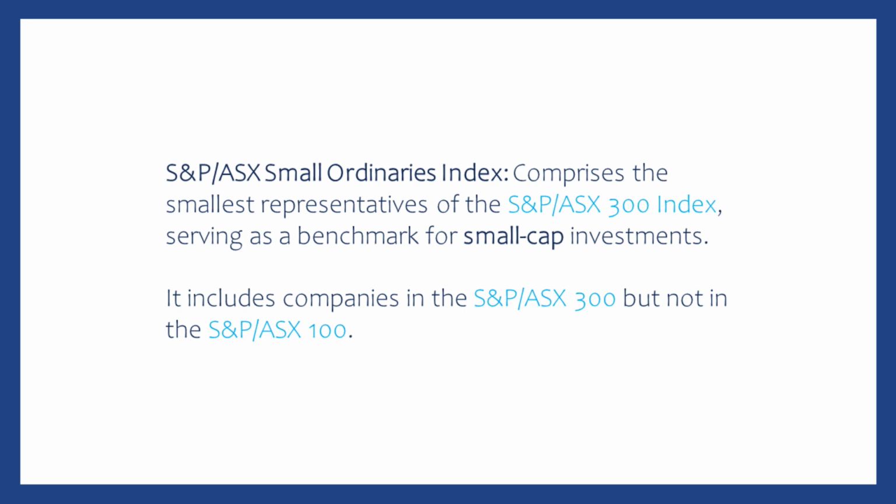S&P ASX Small Ordinaries Index comprises the smallest representatives of the S&P ASX 300 index, serving as a benchmark for small-cap investments. It includes companies in the S&P ASX 300, but not in the S&P ASX 100.